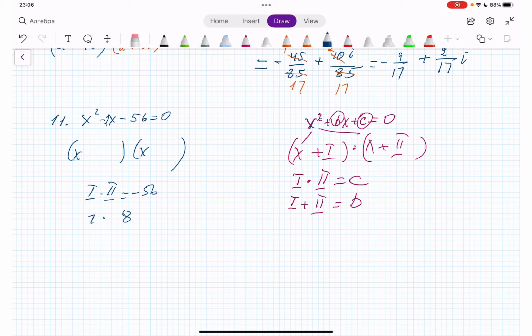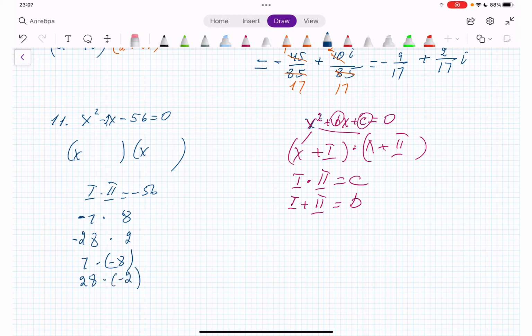What else? 56 is going to be 28 by 2, right? So one of them is going to be negative. Let's say this one is negative. In this case, 7 times negative 8, and 28 times negative 2.